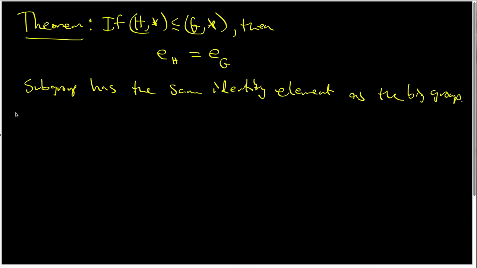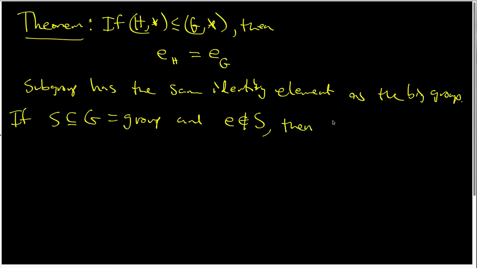And what this also means is that if I have a subset of a group G, and the group identity element does not belong to my subset, then the subset cannot be a subgroup. And that's a very, very important way of thinking about proving something is not a subgroup.